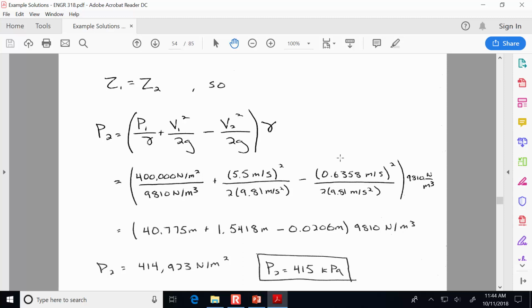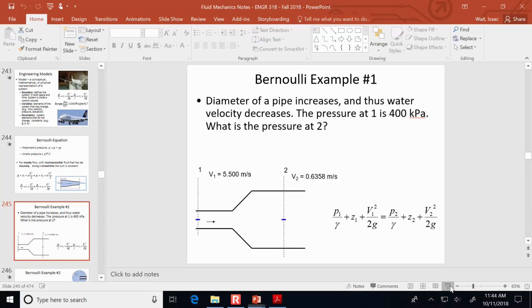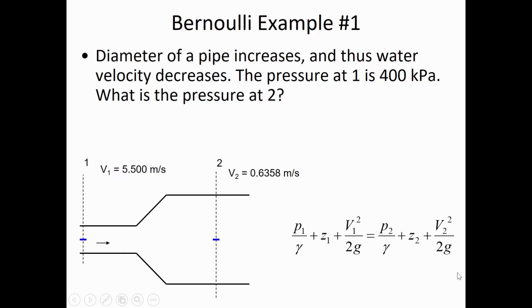Now, maybe for some of you, these results are a surprise, because if you just look at the picture, maybe some of us look at this picture and we think, well, the flow at 1 was all confined in a smaller pipe, and then when it gets to 2, it's less confined. So wouldn't the pressure be lower?